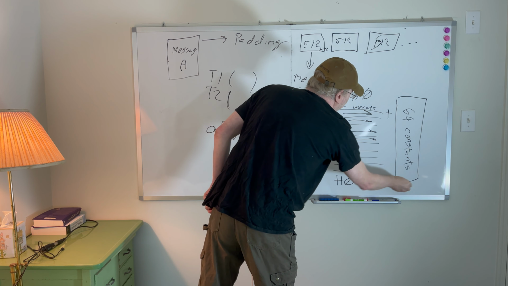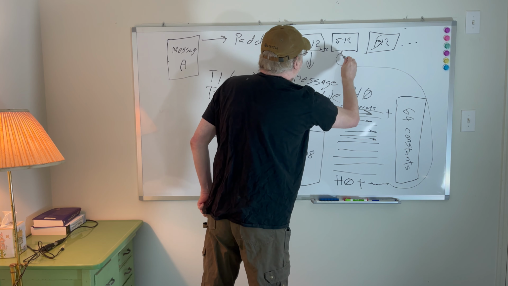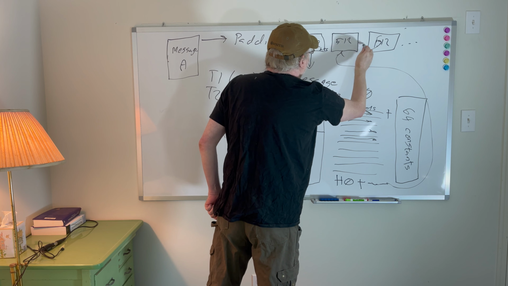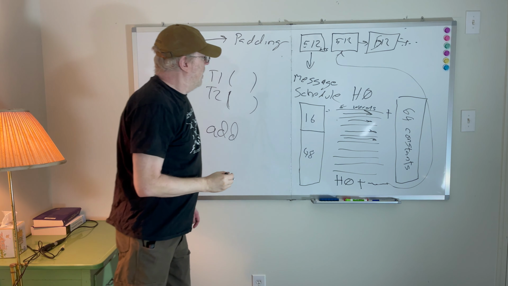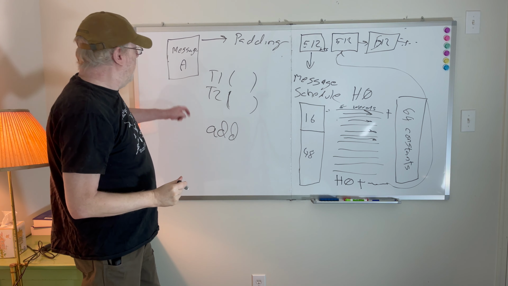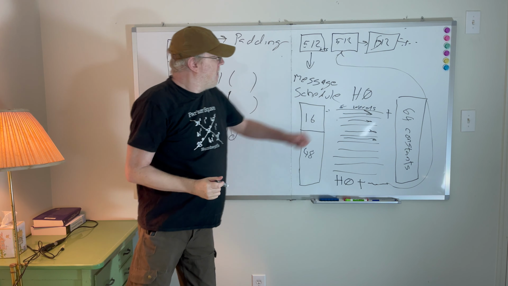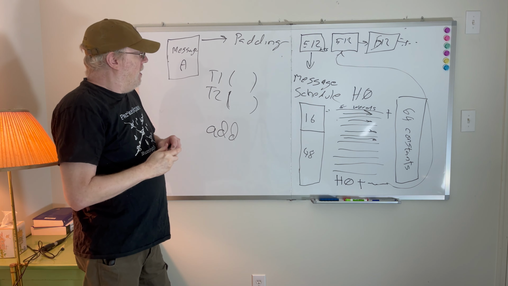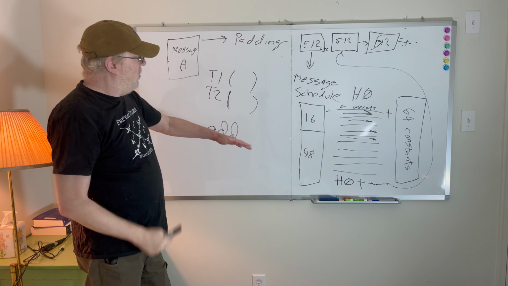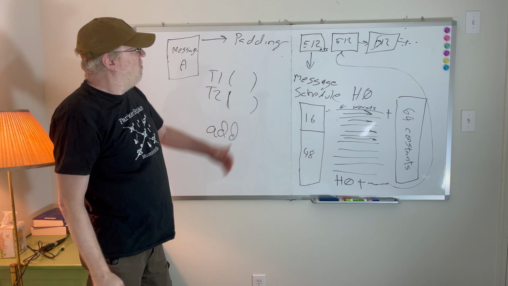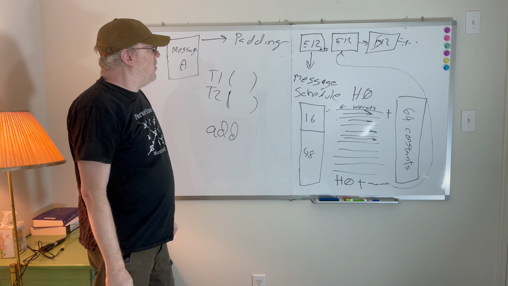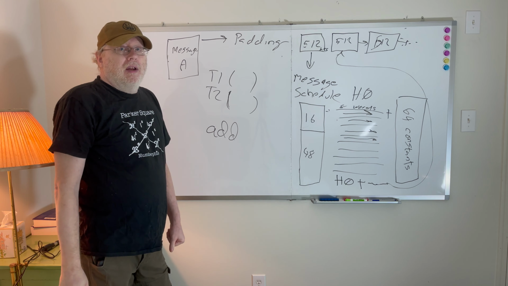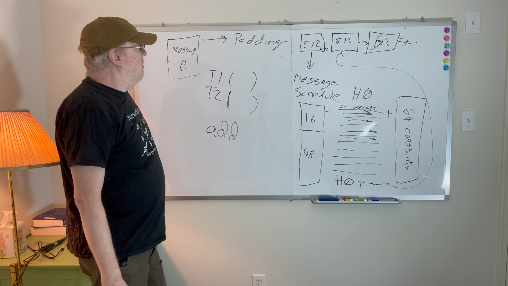So this basically feeds back, and they just feed on and on and on, changing your original digest into the final message digest, which comes out the end of the algorithm.